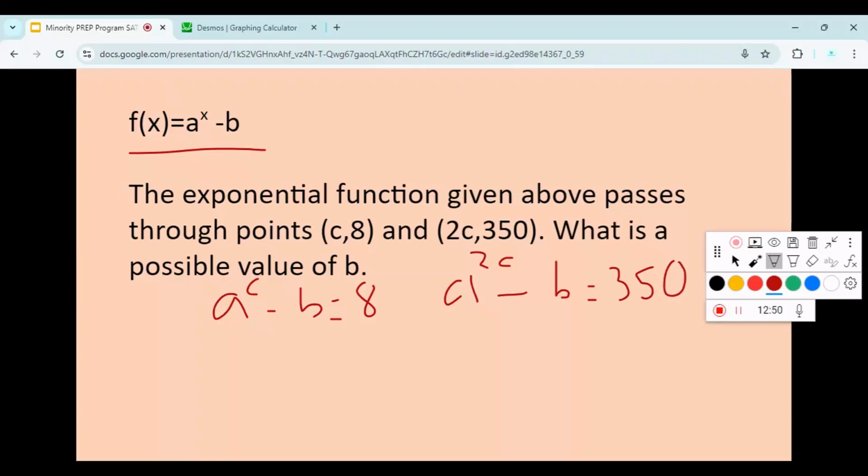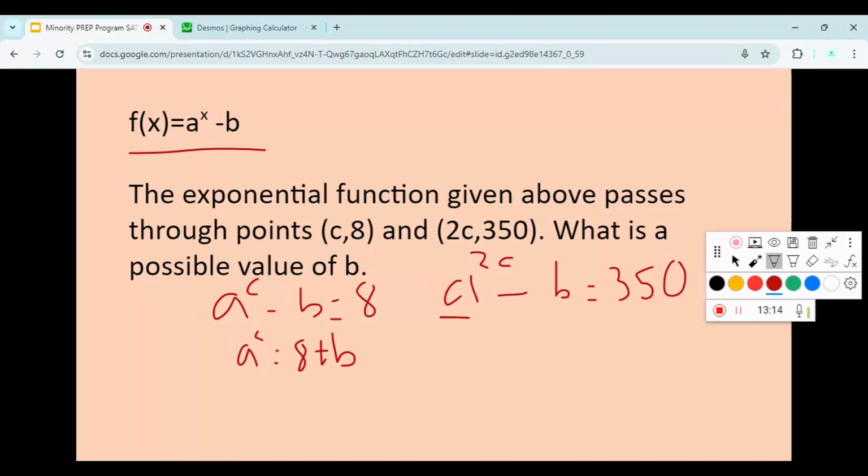Right? Well, one thing that I think we should do is try to find the value of b, or try to rewrite a in terms of b. So let's look here. a^c is equal to 8 plus b.